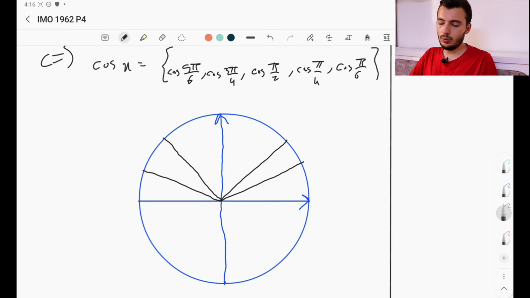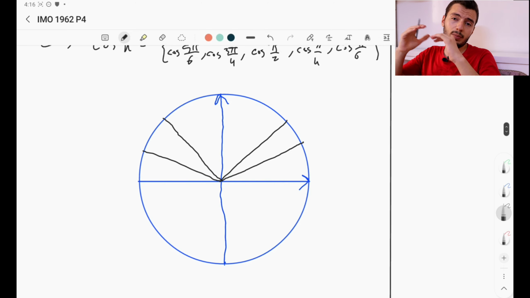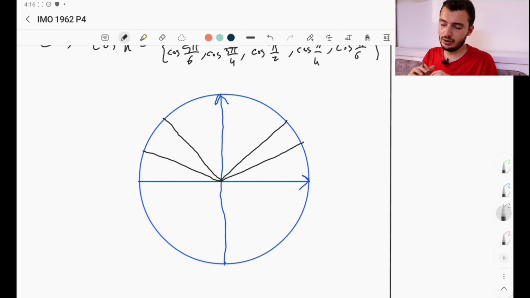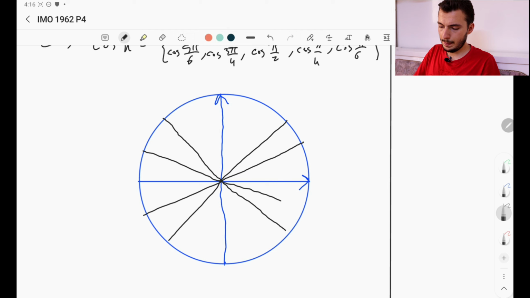So not just these that we have here, we also can flip them over the x-axis or cosine axis, which means now you just have this, this, and this. Of course, if you have pi over 2, then you also have negative pi over 2. So if you have this, then you have this as well.